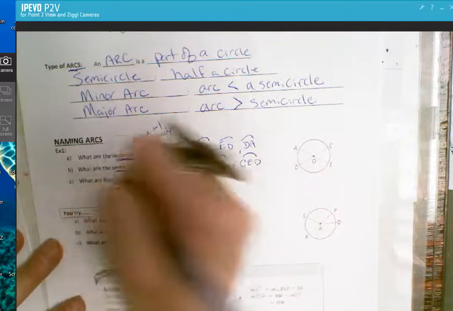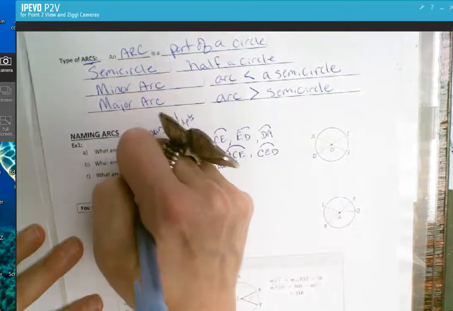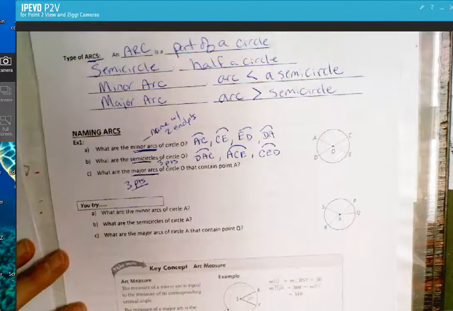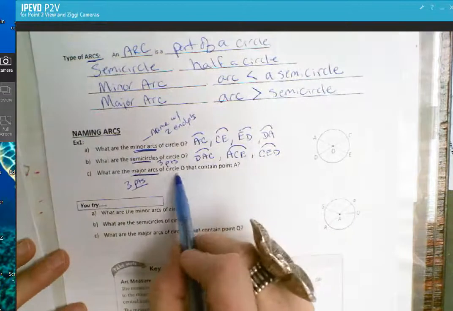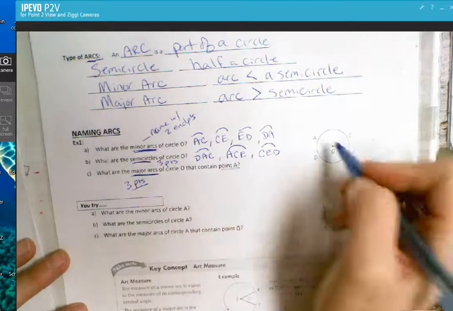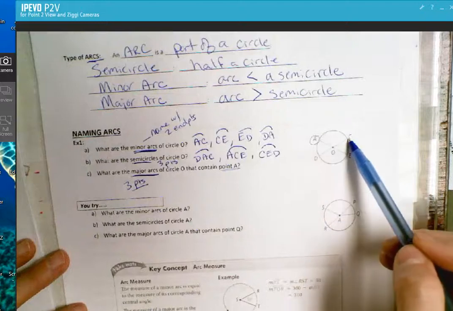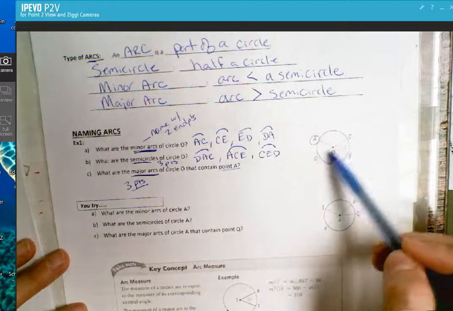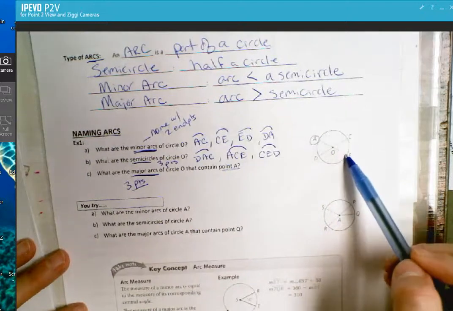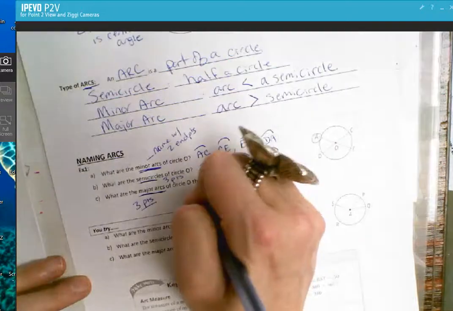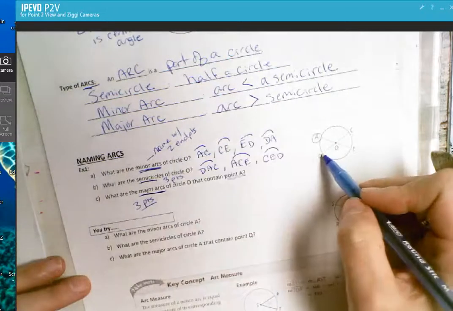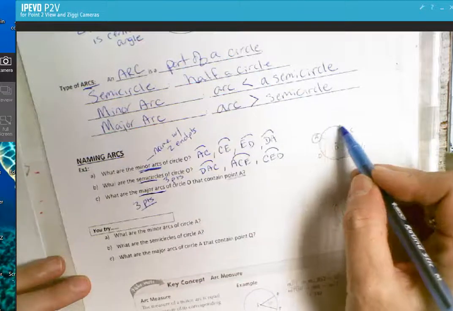And then you have a major arc. Major arcs are also 3 points, but they're greater than a semicircle. So this is telling us circle O containing point A. So it needs to contain point A. It needs to be greater. If I stop at C, it's going to be the semicircle. So I need an arc that goes greater than a semicircle. So I can call it arc, if I start at D, includes A, so DAE.